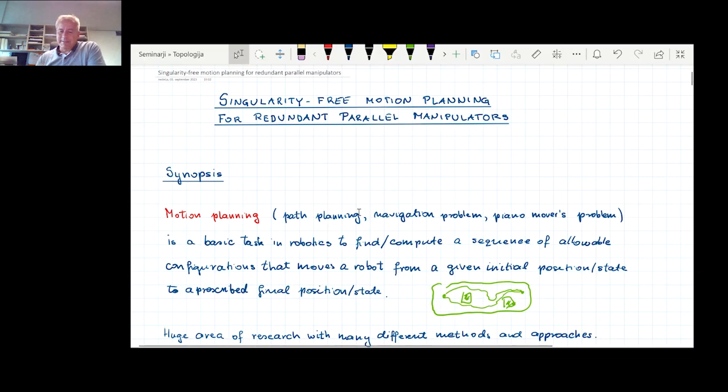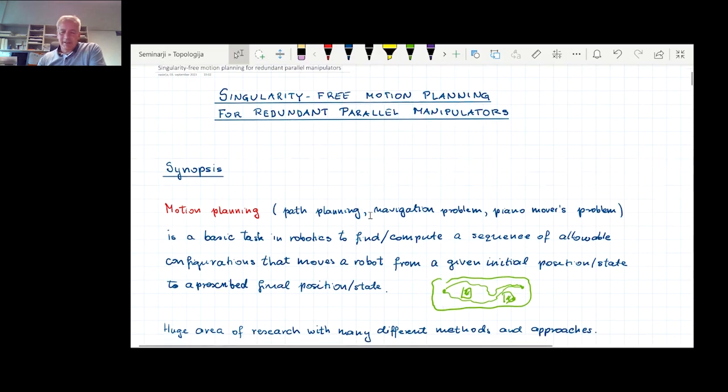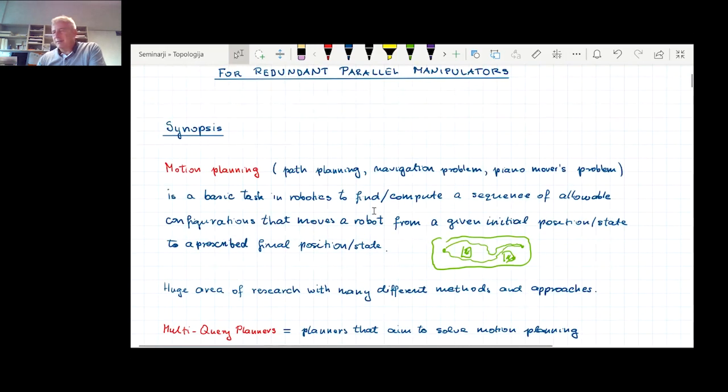Now, of course, this is so basic. That's a huge area of research. There are an infinity of different algorithms and approaches: minimize energy, use convex geometry, and there are books and volumes written about this.